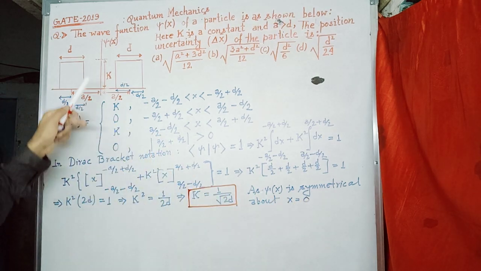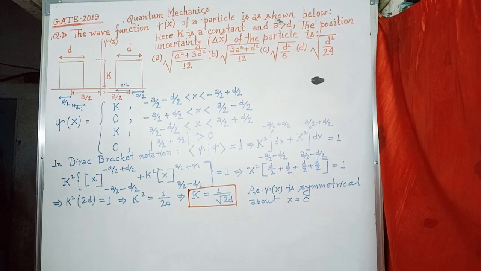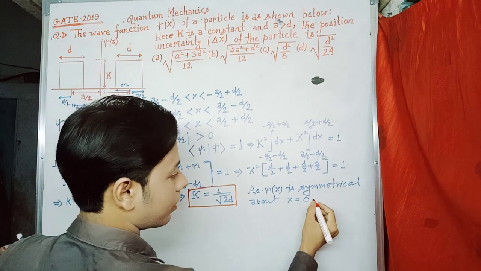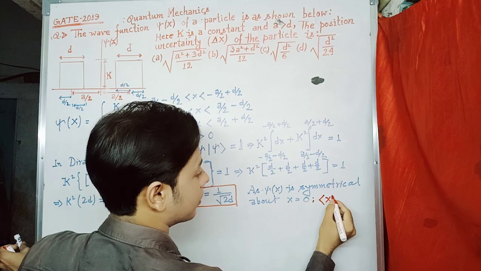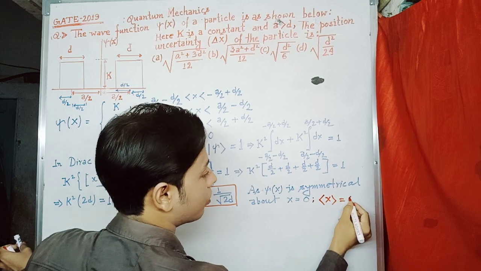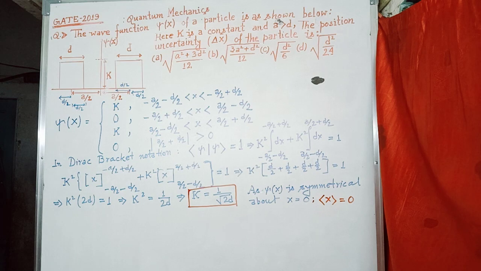X equal to 0 means this y-axis. Therefore the average value of x will be equal to 0. Now we have to calculate the average value of x square.